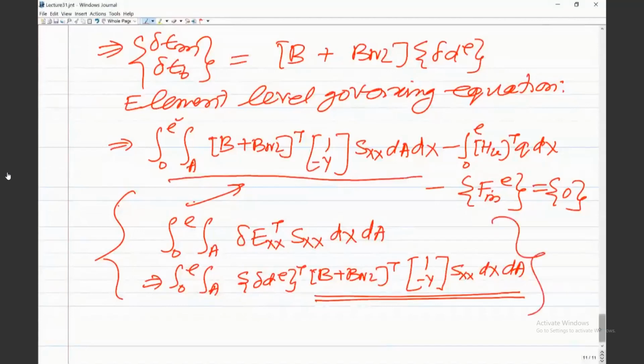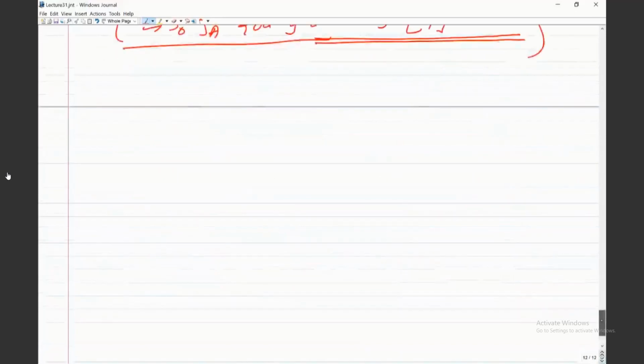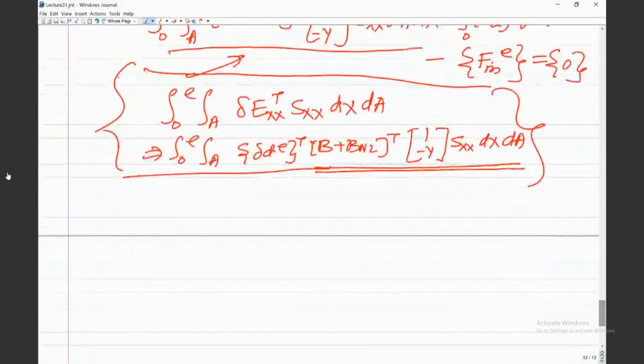Okay, so this is an intermediate explanation. Now, one thing which I have not defined is HV.